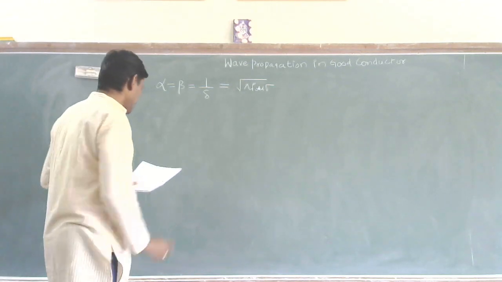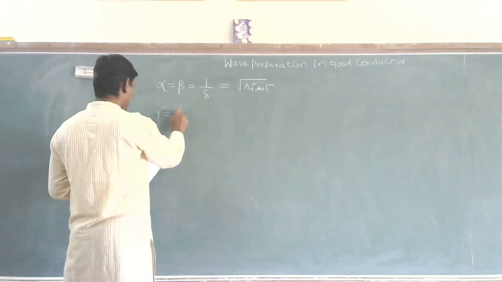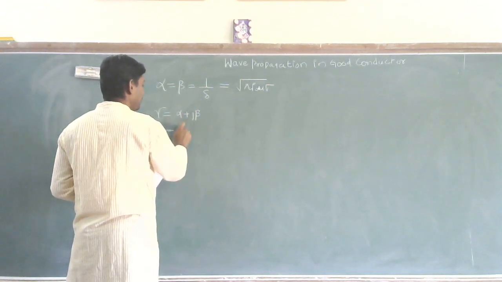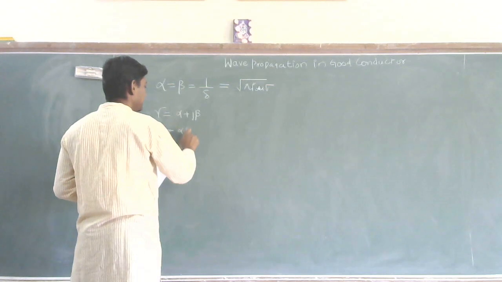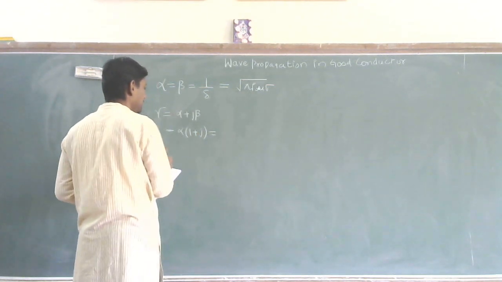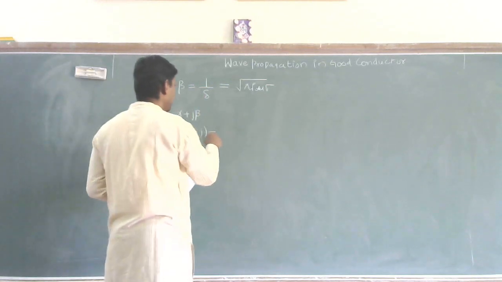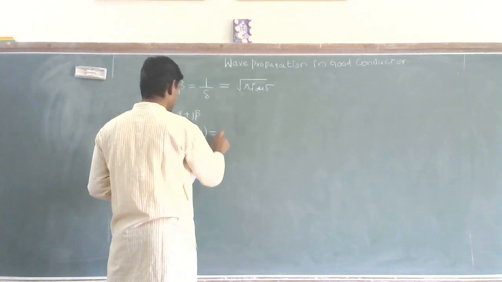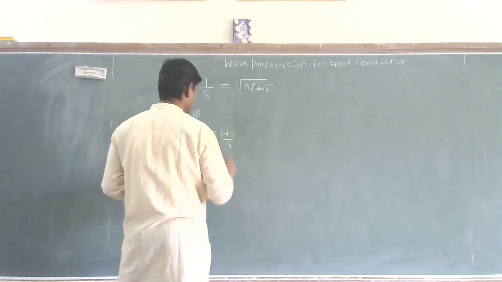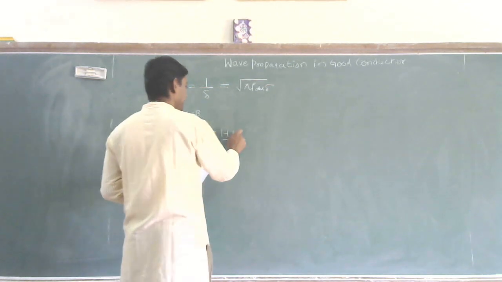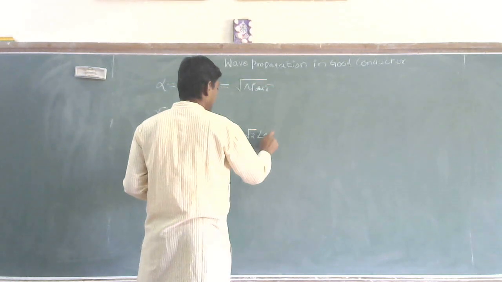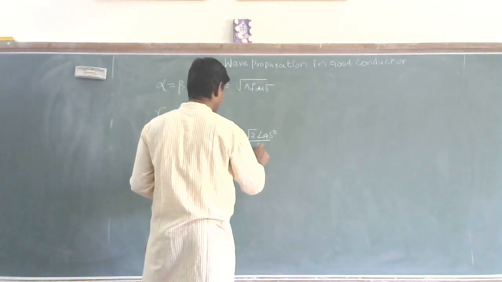Next, we know that gamma, the propagation constant, is given by alpha plus j beta. As alpha and beta are the same, I can write this as alpha times 1 plus j, and I know that alpha is equal to 1 by delta. So we can write this as 1 plus j by delta. This 1 plus j I can write as root 2 angle 45 divided by delta.